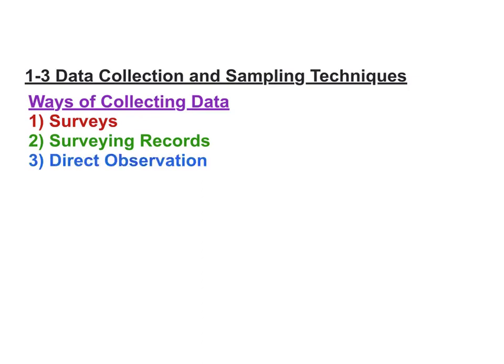Another way is direct observation, okay? In a previous school that I taught in, where I taught a probability and statistics class, we spent time doing what were called investigations, and one of the studies that was conducted was whether or not cars came to a complete stop at a stop sign.